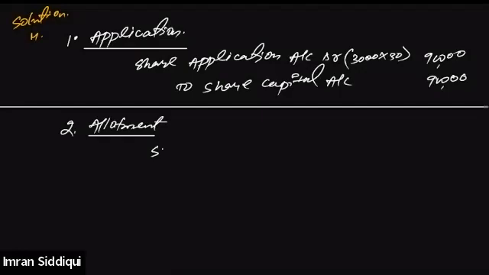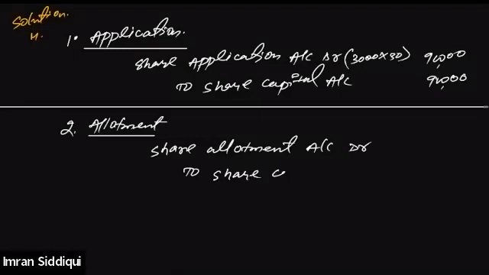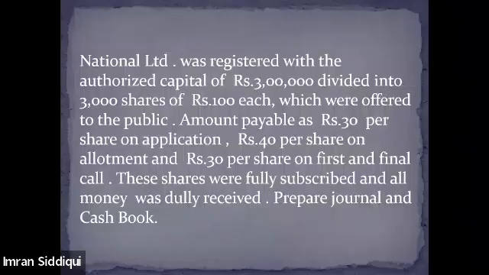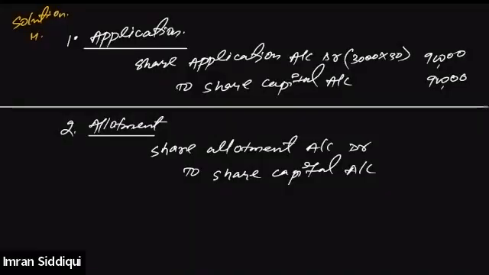So for making the allotment due, the journal entry will be share allotment account debit to share capital, right? And on allotment, the company has decided to raise 40 per share. So that means 1,20,000 on allotment.